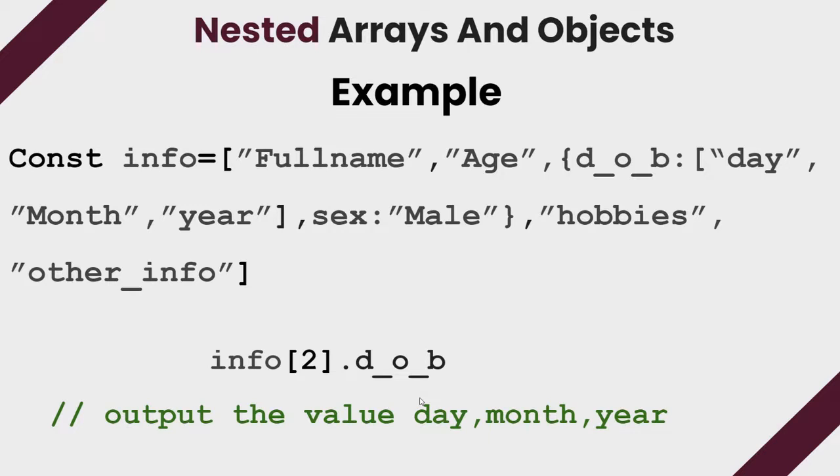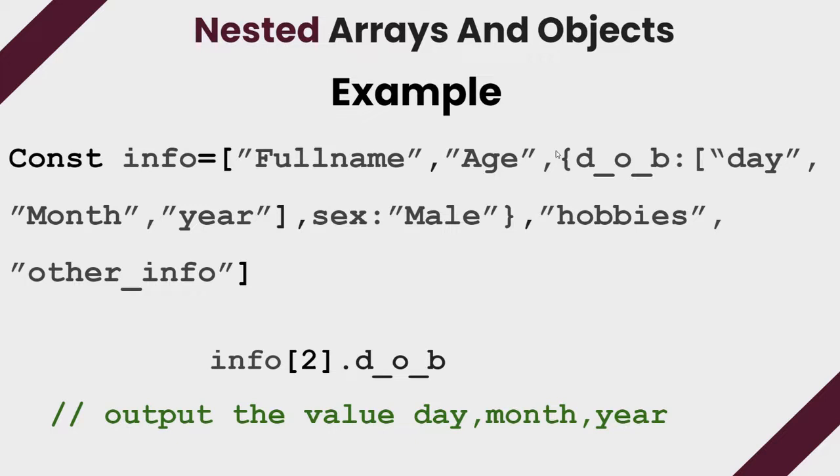Now for this example, we have an array which begins with full name as the first item or element. The second item is age, which you can see holds the index of 1. Now the third item is an object which begins right here and ends here. Now this entire object holds the value of 2.